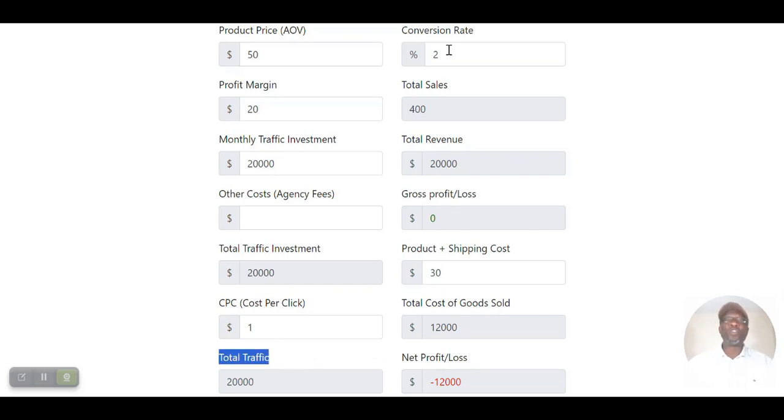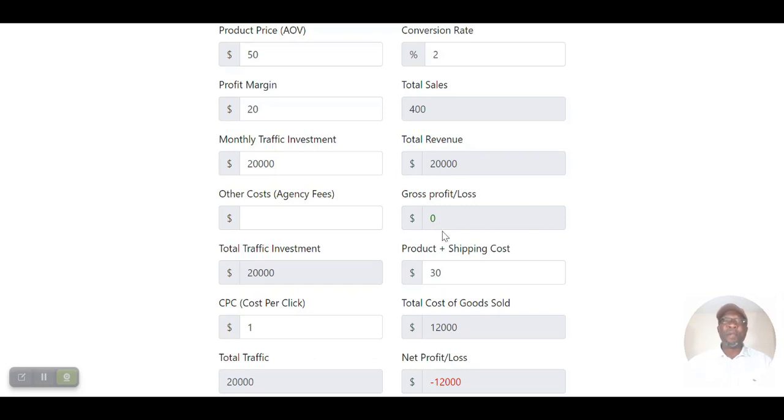At 2% conversion rate, they are making 400 sales, which means their total revenue here is $20,000, but they are not bringing in any loss or profit in terms of gross profit or gross loss. So we can say that is probably a break even.